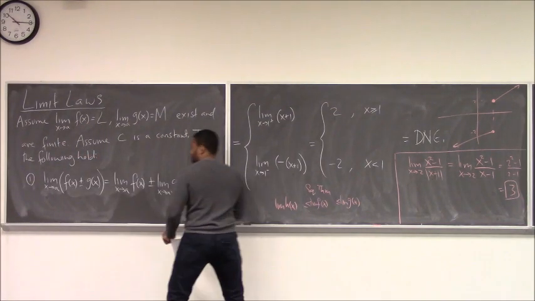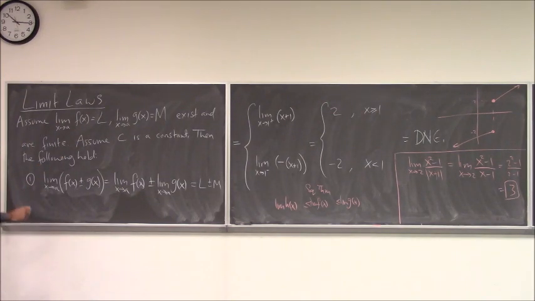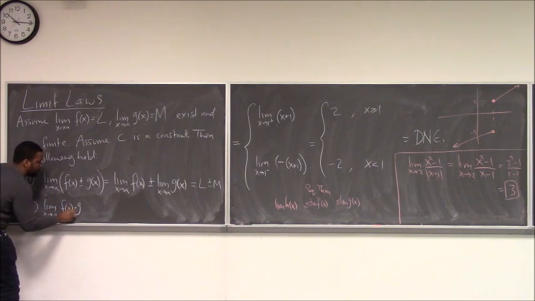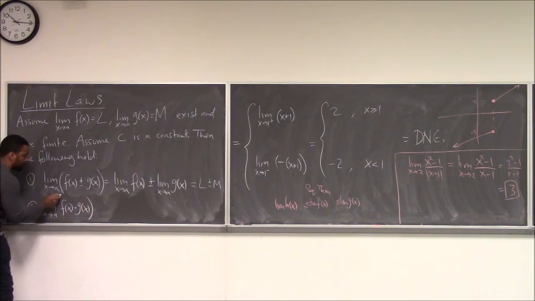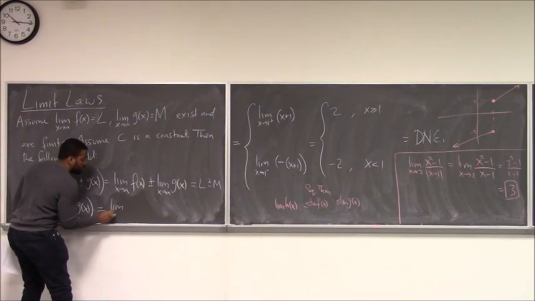It also distributes across products in the case that they're finite. In the infinite case, these don't always work. But assuming the limits of each function are finite, the limit will distribute across a product.